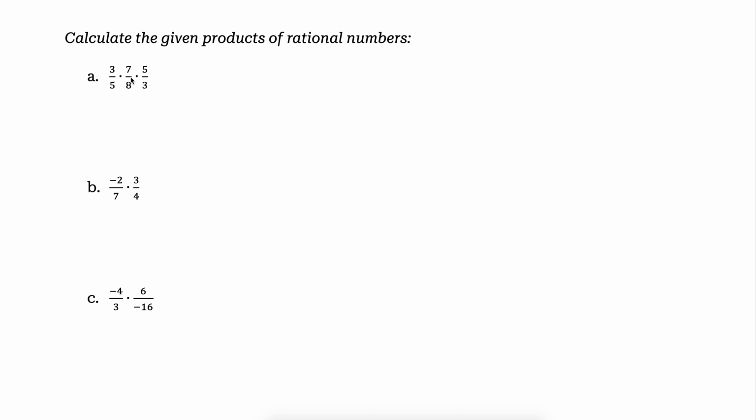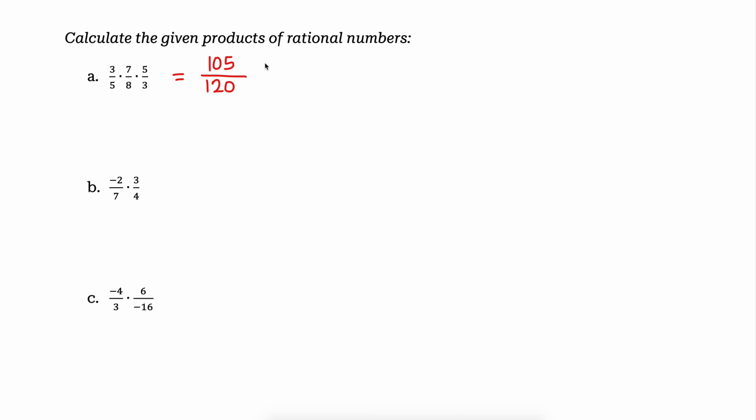3 times 7 times 5. 3 times 7 is 21. 21 times 5 is 105. In the denominator, there's 5 times 8 times 3. 5 times 8 is 40. 40 times 3 is 120. So we end up with 105 over 120. Now we need to reduce.